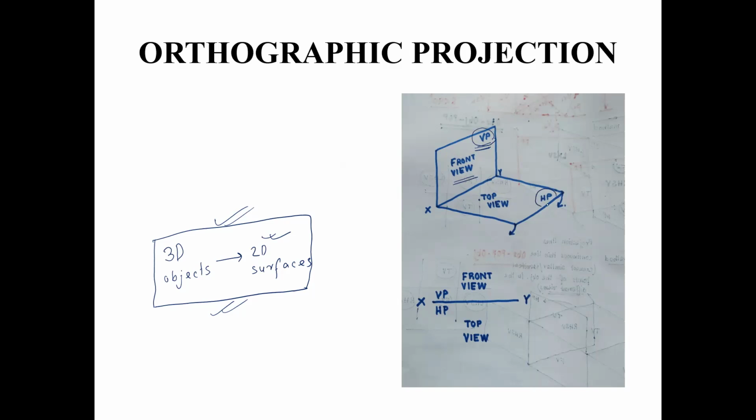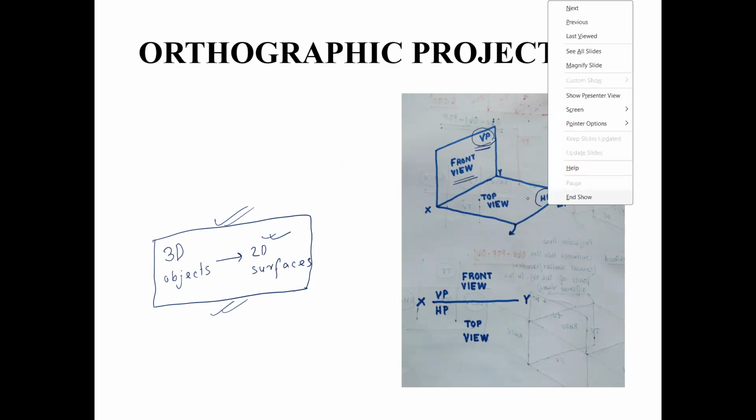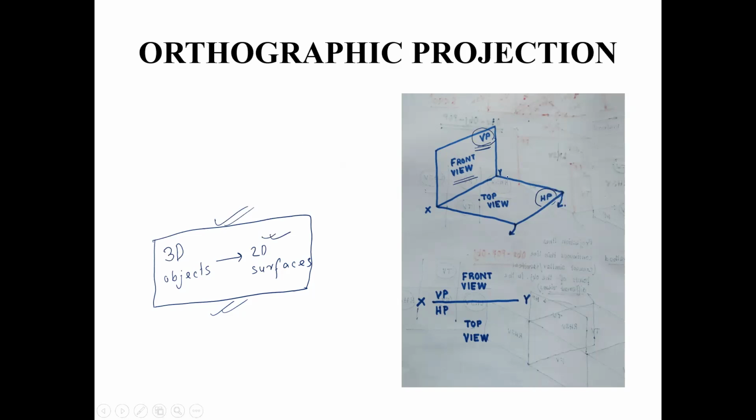Then we have the horizontal plane of projection. The top view of the object will be captured on the horizontal plane of projection. This information all of us know. Now, front view will give you only two out of the three sets of dimensions. Front view will give you maybe thickness and height.